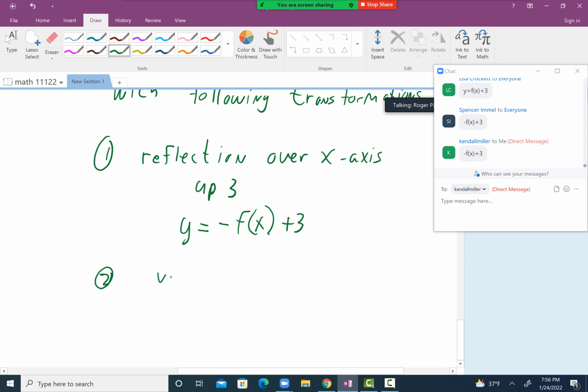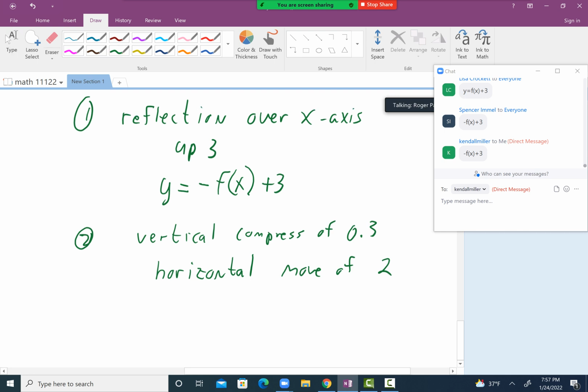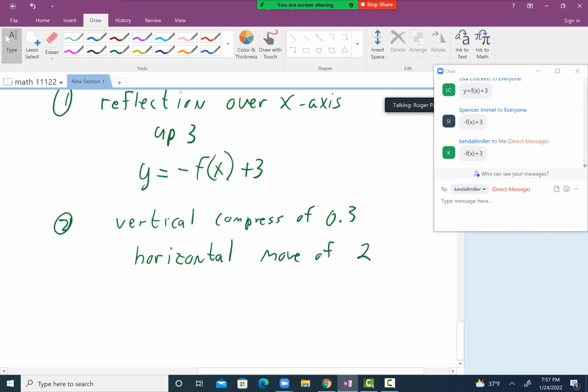All right, so let's try another one here. Let's go with a vertical compression of 0.3, and let's do a horizontal move of 2. Okay. All right, here we go. What are we going to get? y equals, here we go.